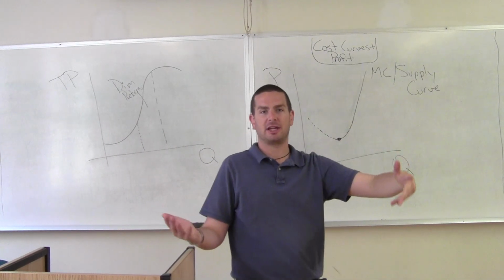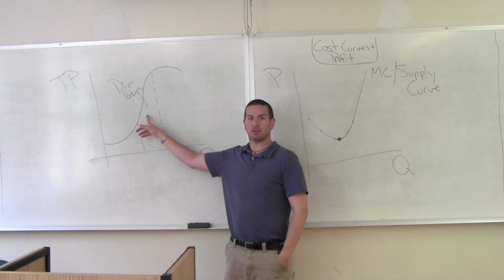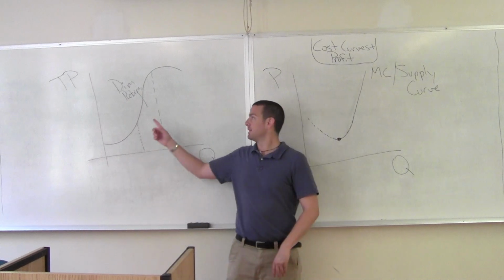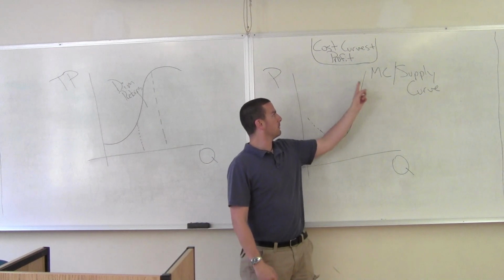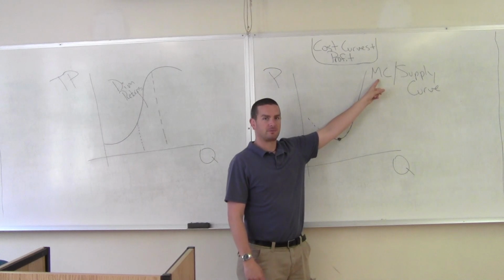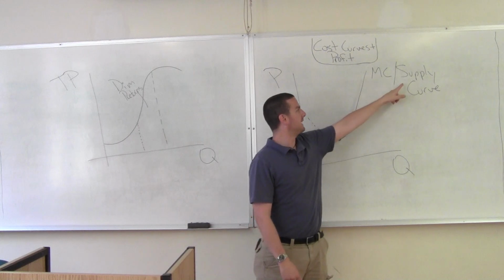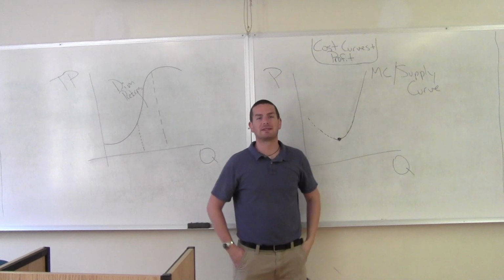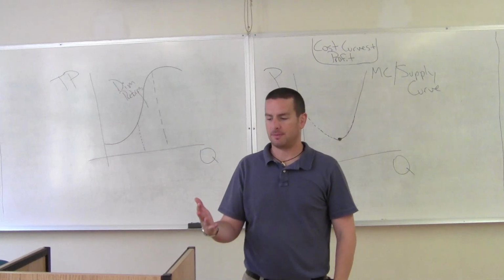There's too many cooks in the kitchen. Diminishing marginal product leads to diminishing returns, and diminishing returns leads to an upward sloping marginal cost curve, and the upward sloping marginal cost curve leads to an upward sloping supply curve, okay? Now, why am I bringing this up?